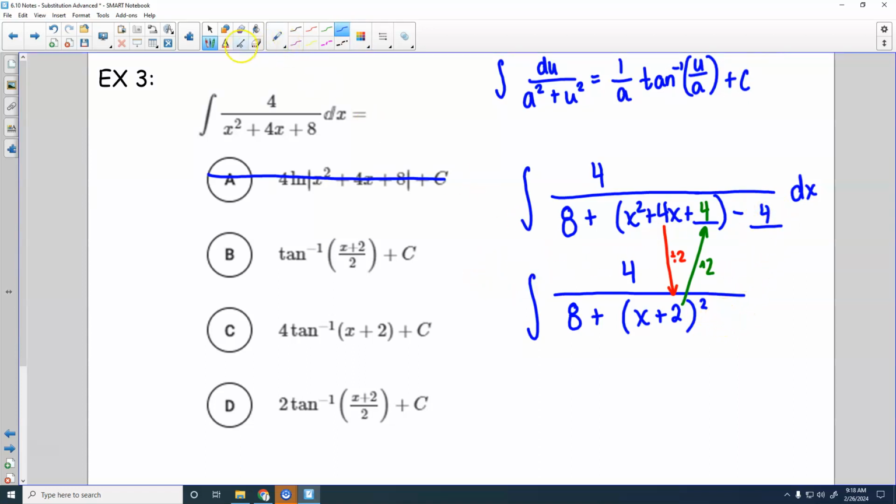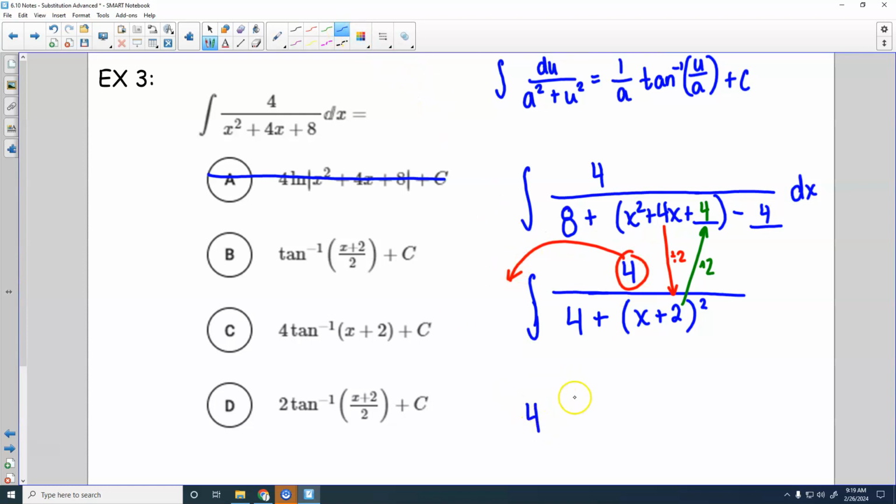Actually, that 8 right there, I'm going to get rid of it, because what should I do with that 8? I should combine it with this minus 4 over here, so I'll get 4 plus here. Now, I want this to be a squared plus u squared. I also don't really want that 4 right there in the top, so I'm going to pull it out.